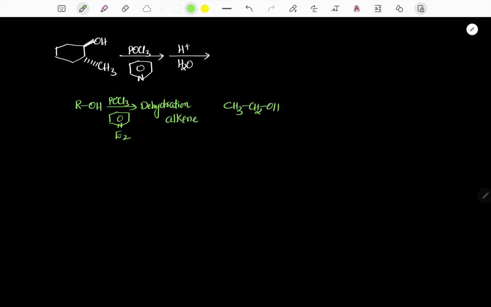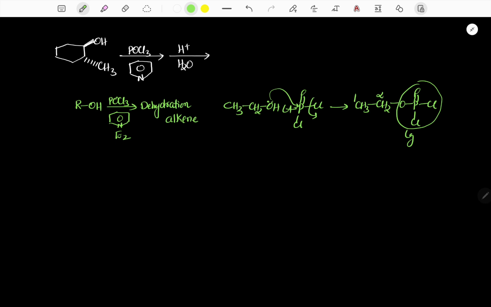For example, CH3CH2OH is treated with POCl3. The lone pair attacks the phosphorus, Cl leaves, and finally it gives the corresponding CH3CH2O, P double bond O, Cl, Cl. Now it is a leaving group, on the alpha and beta carbons.